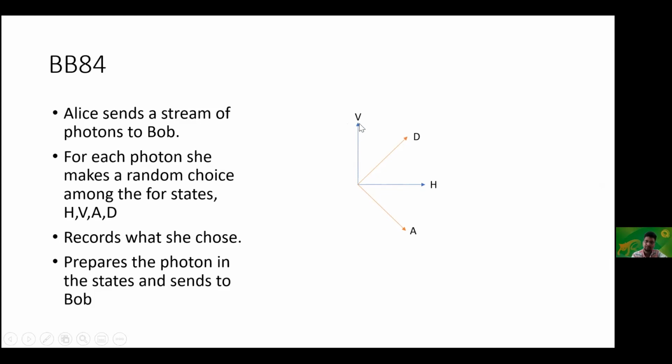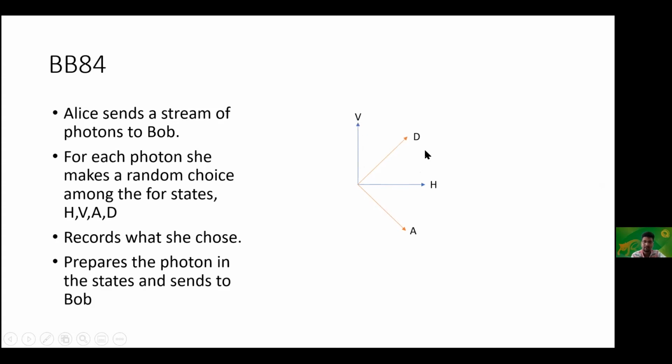Now I have this blue and orange lines. They denote 2 different bases. So you have the HV basis. If you prepare a photon in H and you measure in the HV basis, you will always get outcome H. But if you prepare a photon in H, but you measure in the DA basis, which is 45 degrees apart, you will randomly sometimes get outcome D and sometimes outcome A. There is no pattern in it, it's completely random.